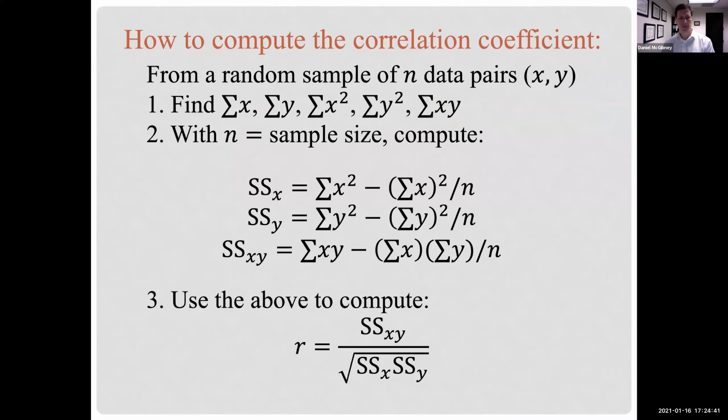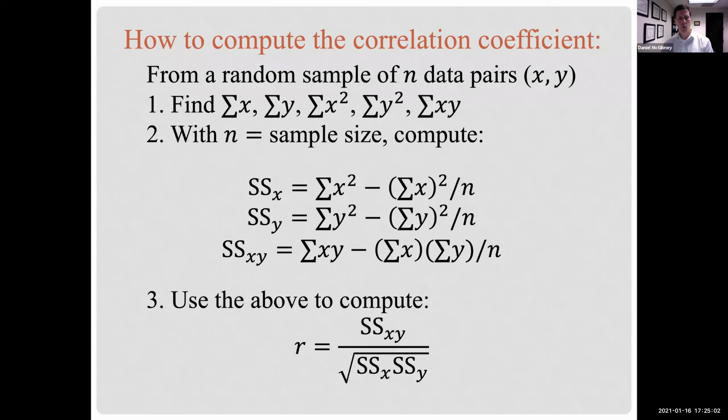n of them. As you should recall from basic math, this uppercase Greek letter sigma denotes summation. Therefore, sigma x denotes the sum of x, which is all of the x values summed up.